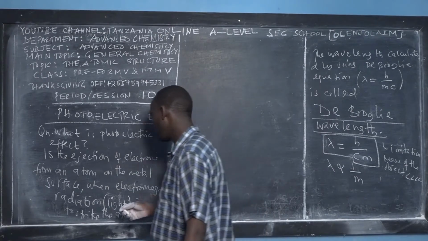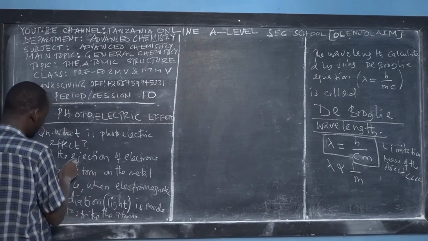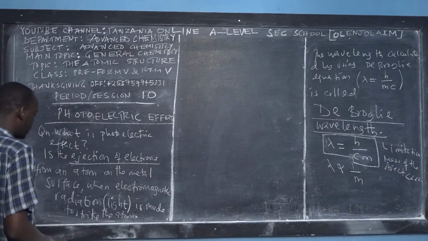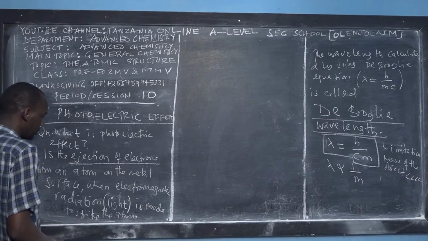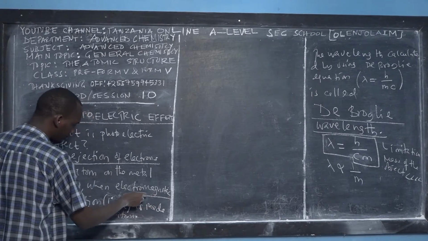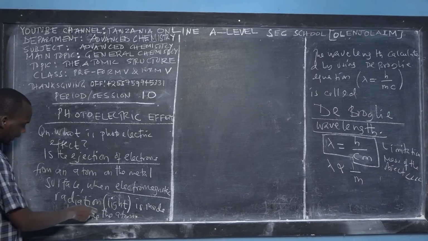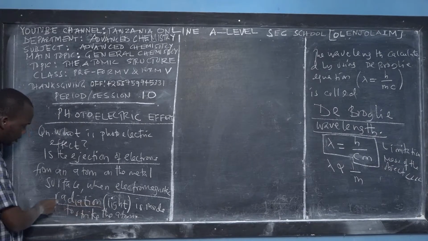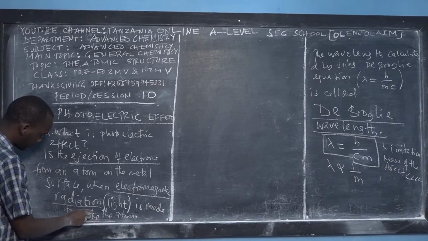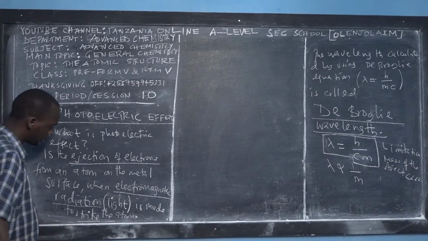It is the ejection of electrons from an atom on the metal surface when electromagnetic radiation, which we call light, is made to strike the atom.